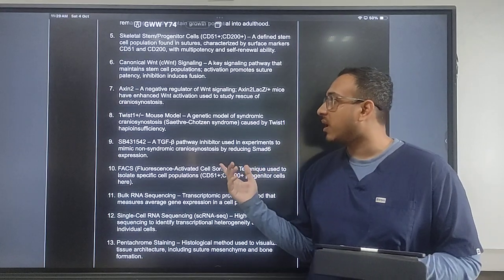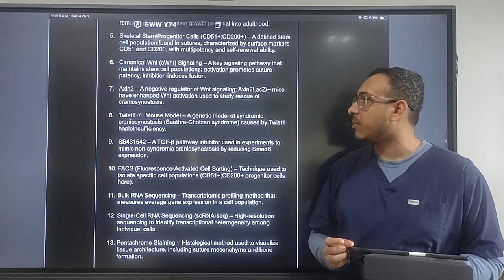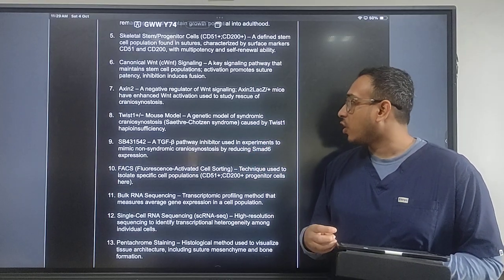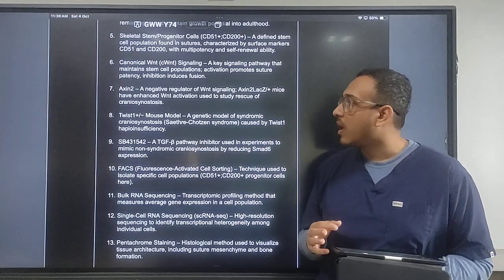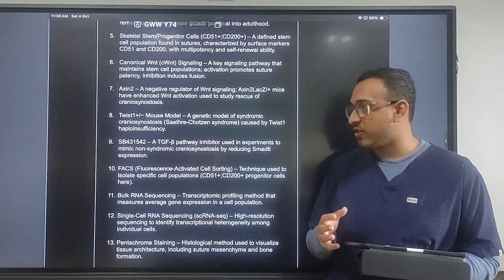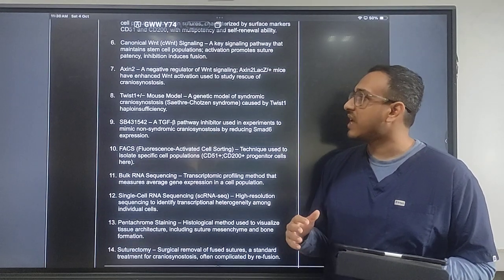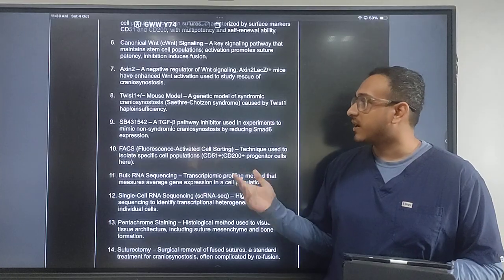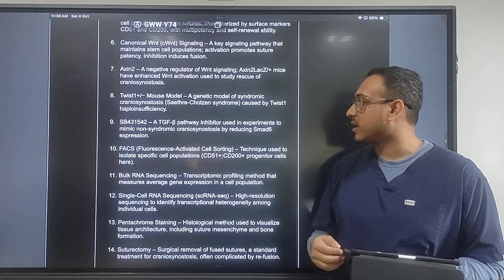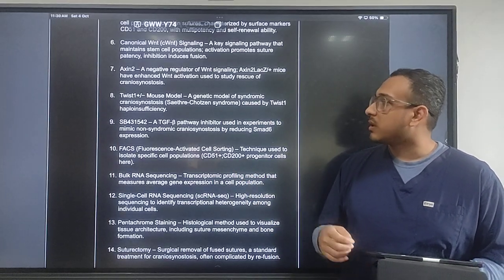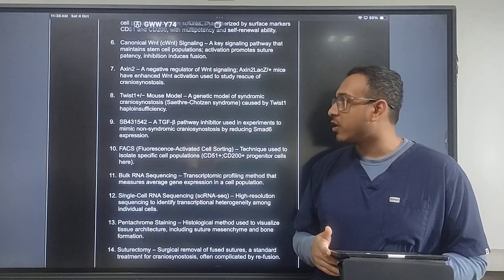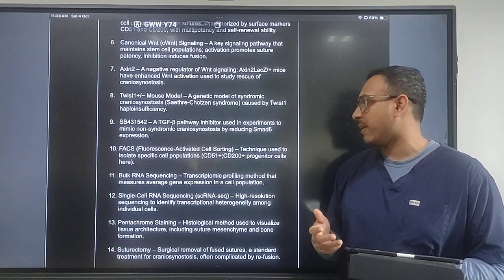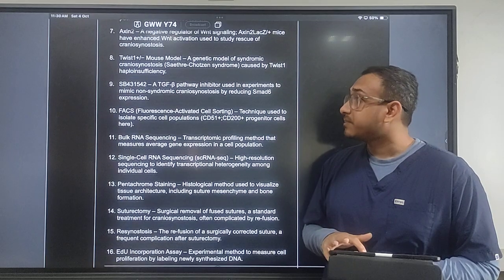The Twist1 mouse model is a genetic model of syndromic craniosynostosis caused by Twist1 haploinsufficiency. SB431542 is a TGF beta pathway inhibitor used in experiments to mimic non-syndromic craniosynostosis by reducing SMAD6 expression.